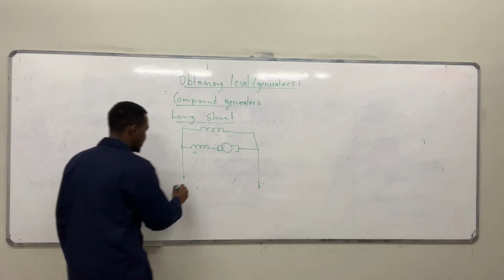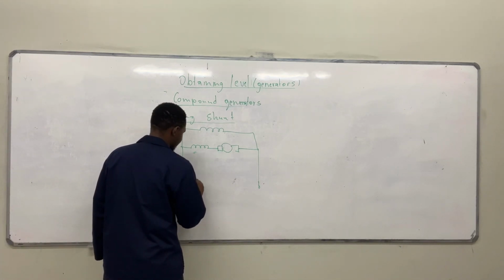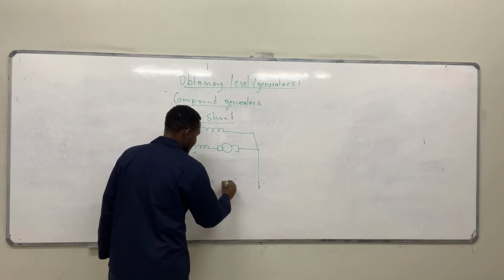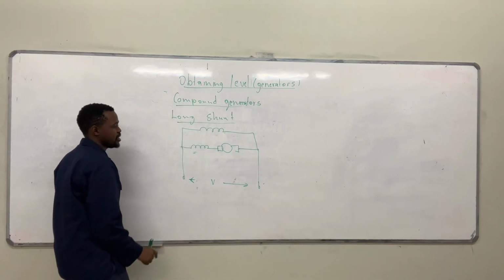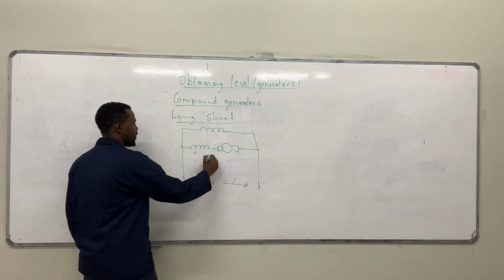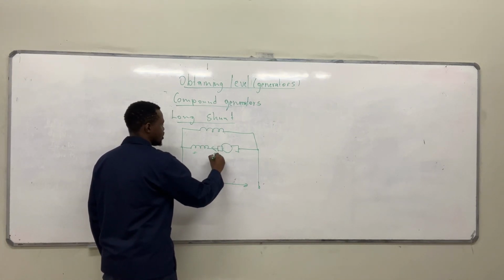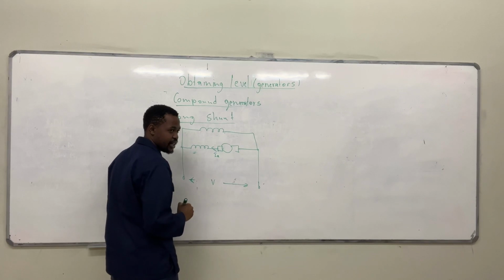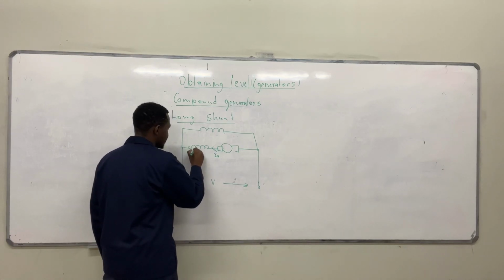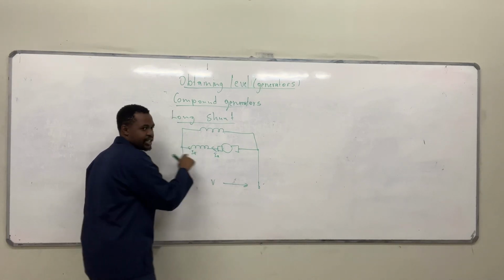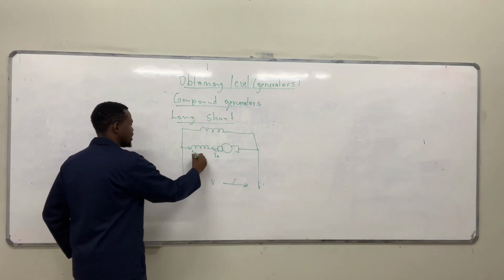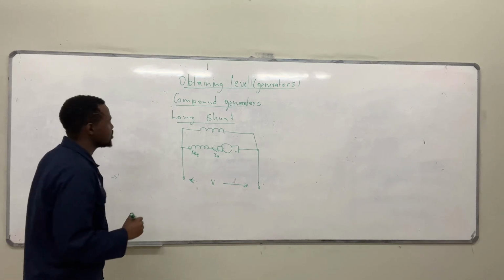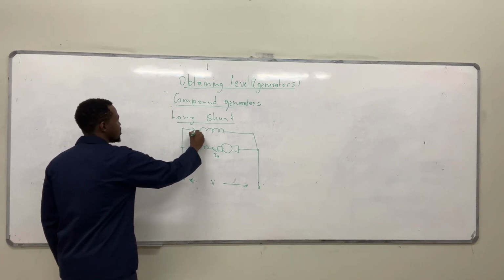I want us to analyze what is going on here. This is my terminal voltage. This is where my armature current is. This is I series, the series field winding current, and here is I shunt.